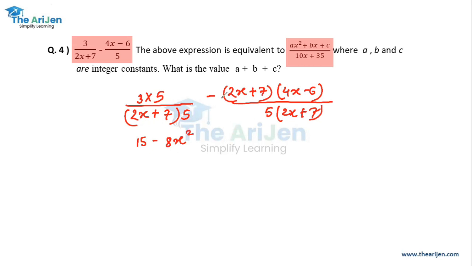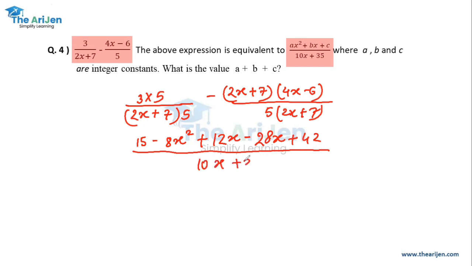And this minus is minus 2x and minus plus. So 2 and 6 will be 12x, and then minus plus minus 7. 7 into 4 will be 28x, and this minus 7 minus 6 will be plus 42. And this will be in denominator. When you see that both the terms are the same and multiply it completely, you'll get 10x plus 35.